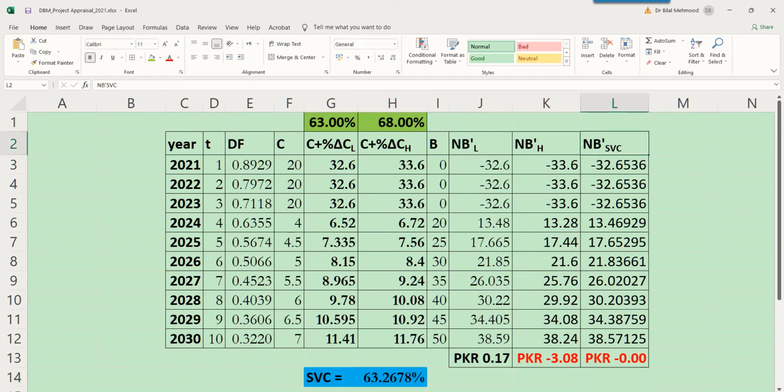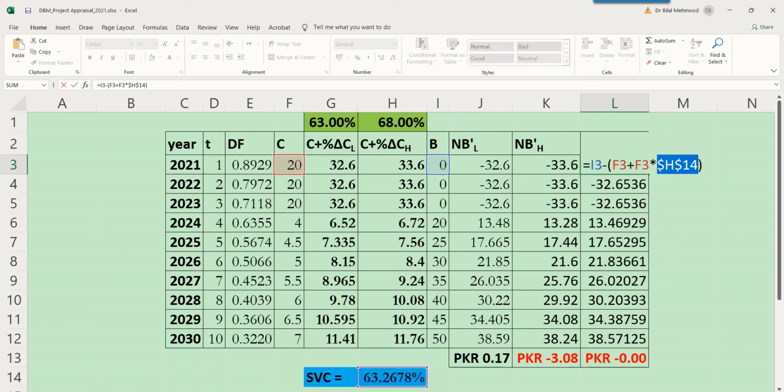Here we have experimented this for the sake of verification, because this is the net benefits stream at switching value of costs, and as per our information and calculation, it is that level which is written in the H14 cell, H14 getting multiplied with the costs, that is F3, and adding it to the original level of costs.